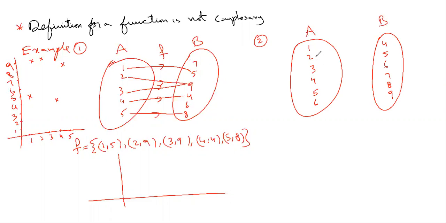Now, suppose I map 1 to 4 and 2 to 5, 3 to 6, 4 to 7, 5 to 8.